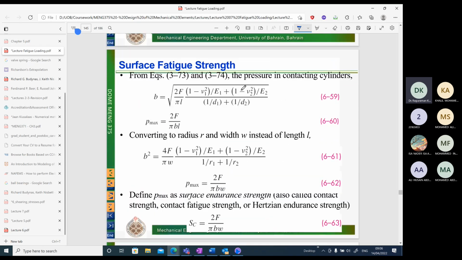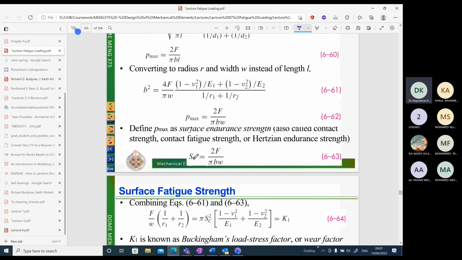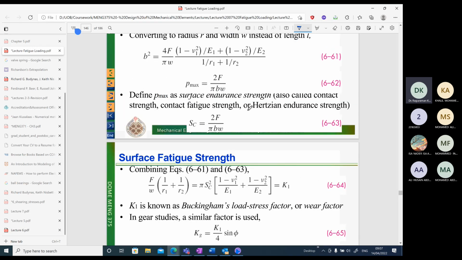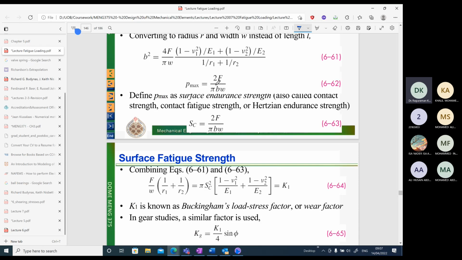So let us see some analytical formulas from the previous class. We have seen two cylinders in contact. These are the formulas we have, and finally the contact stress is defined this way. We define Pmax, which is given by this formula over here.